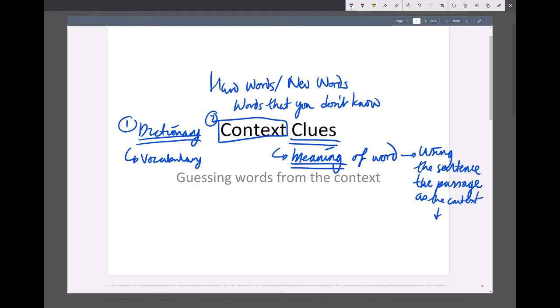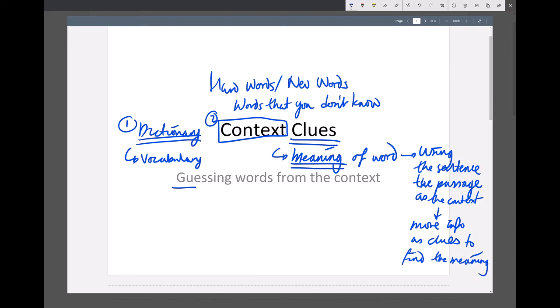That means more information that you can use as clues to help you find the meaning of a word.